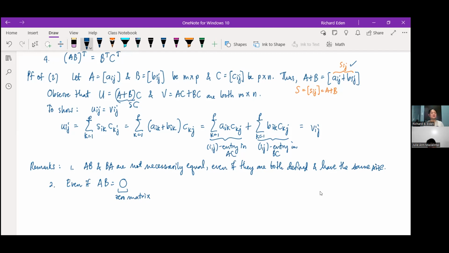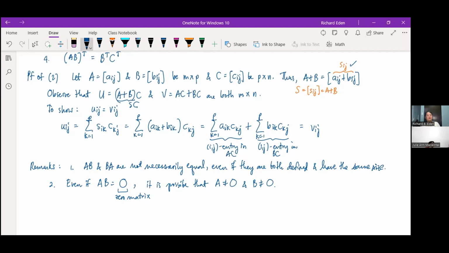Okay, but even if the product is 0, does it mean that one of the matrices A or B is a zero matrix? Hindi po. No. All right, you're correct. It is possible that A is not the zero matrix and B is not either, so it's possible that none of A or B is the zero matrix.